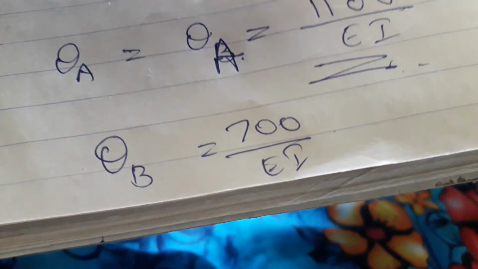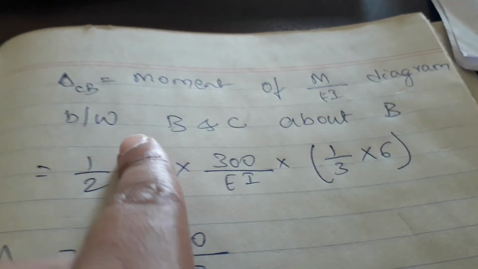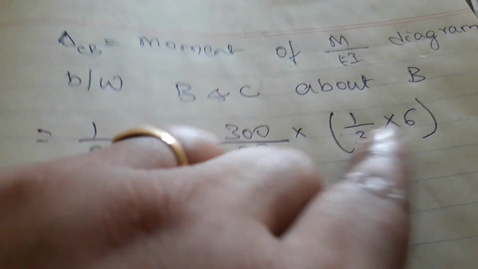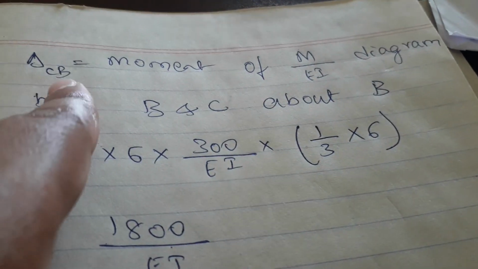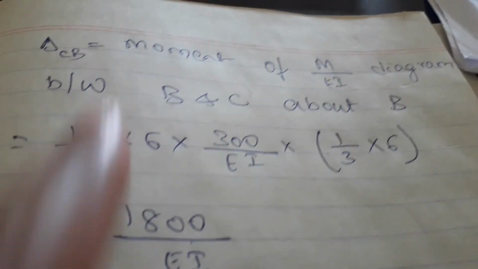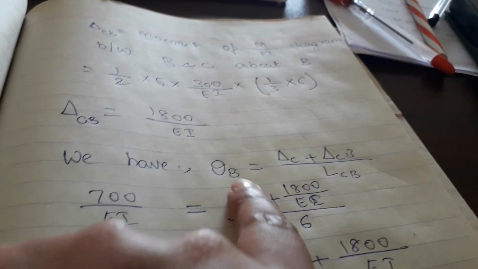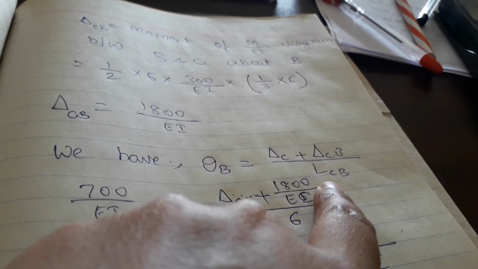Once we calculate this, we have to calculate delta CB. Delta CB is nothing but the moment of the M by EI diagram between B and C about B. Then we have a formula which we have to remember, theta B is equal to delta C plus delta CB by LCB.